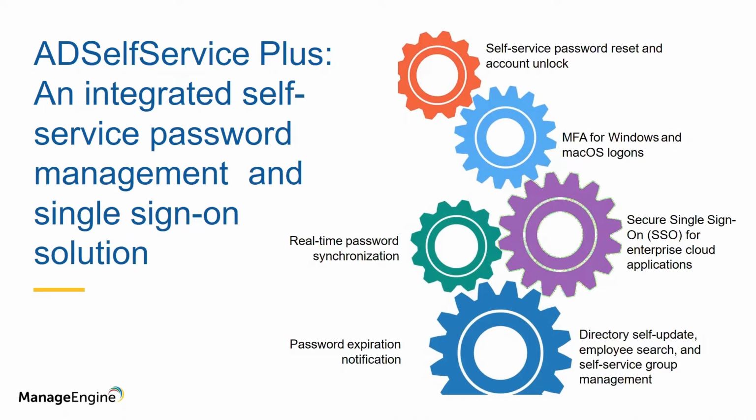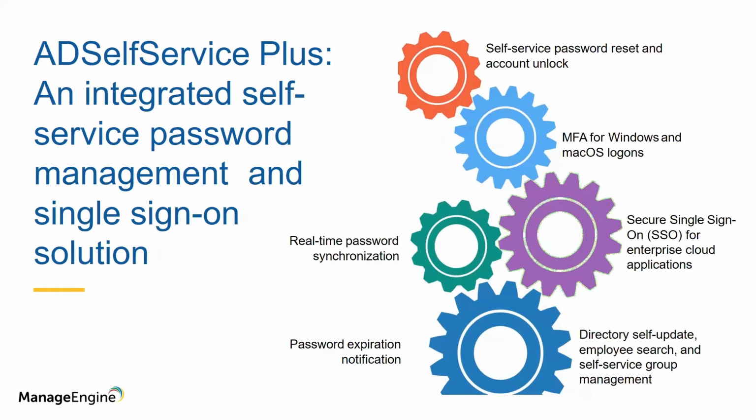But one interesting part of the self-update functionality is that the users can subscribe or unsubscribe themselves to any groups that you have in the Active Directory. And during that process, if you want that to go through a workflow, through a different product that we have at ManageEngine, that is absolutely possible.